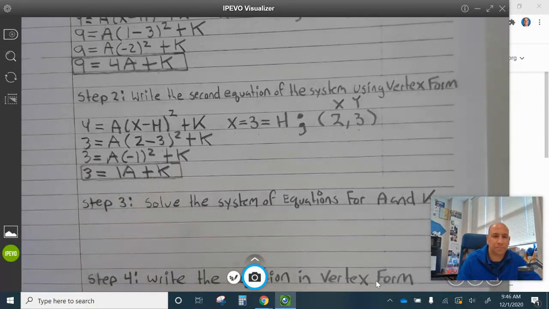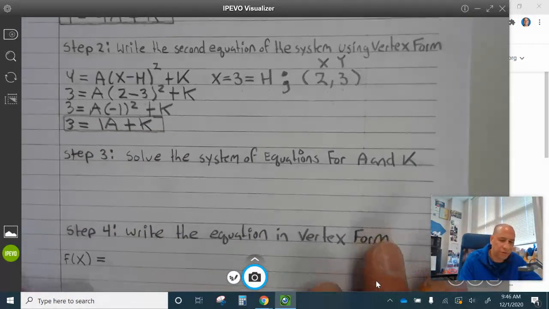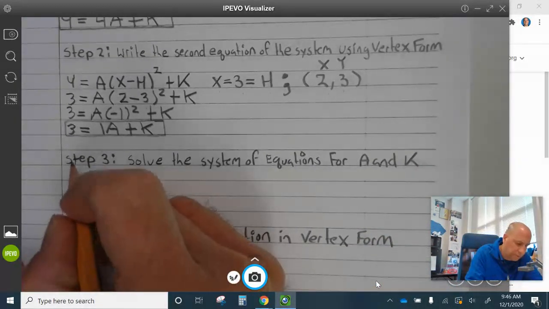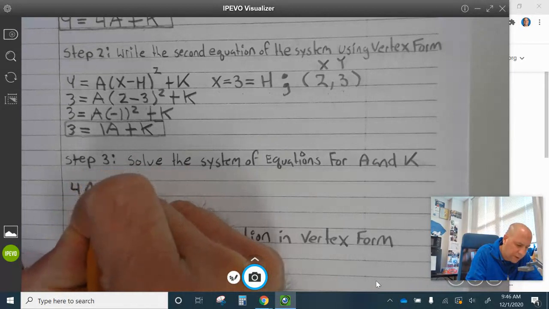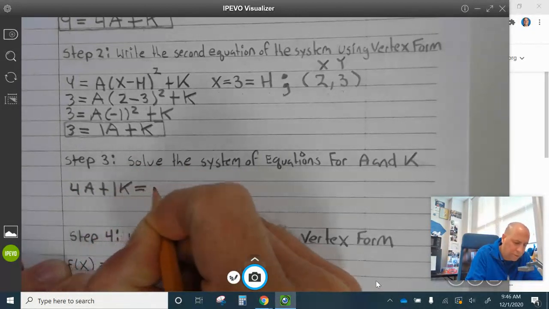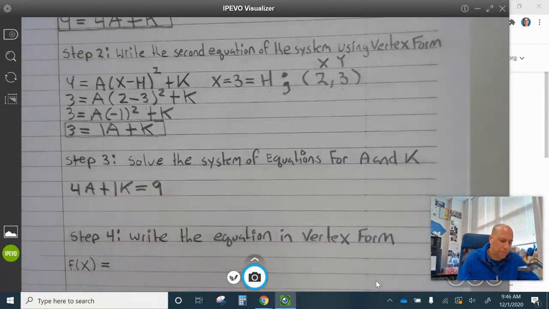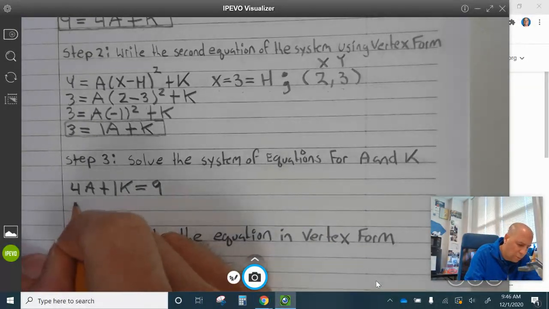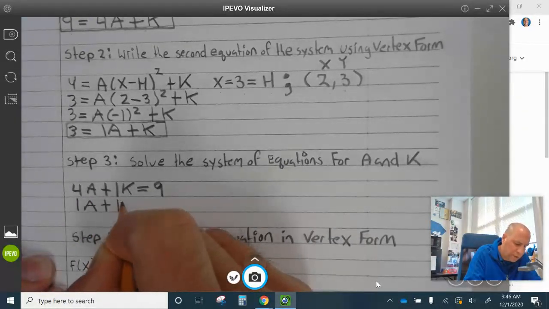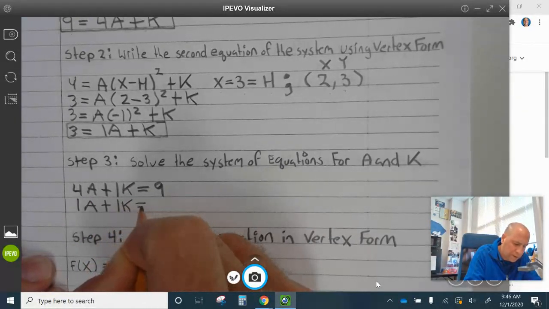All right, step 3, solve the system of equations for a and k. So the two equations are, and I'm going to rewrite this as 4a plus 1k equals 9, and 1a plus 1k equals 3.